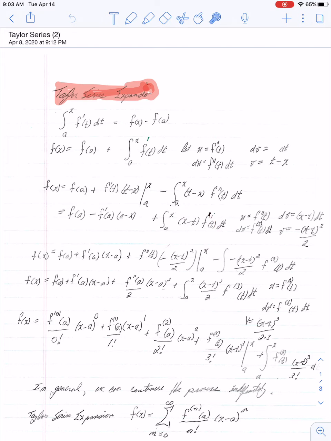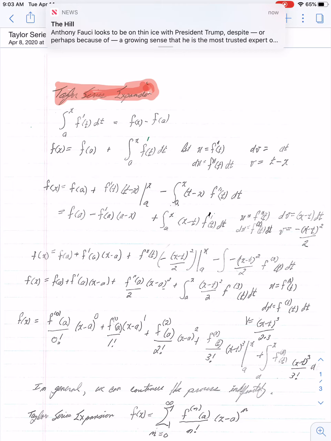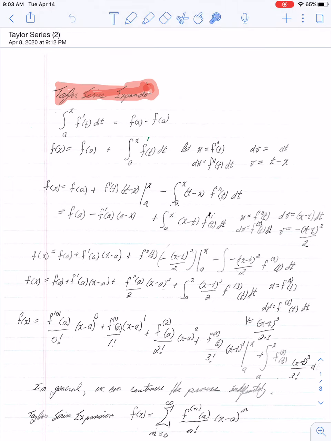Okay, so what's u? u is f double prime of t, so what's du? Well, du is one more derivative, which is f triple prime of t. Now I'm going to be doing this enough that I'm going to have too many primes, so my notation is f upper 3, see that right there?